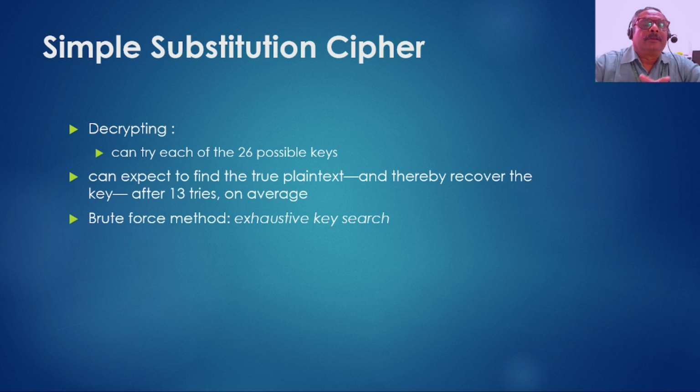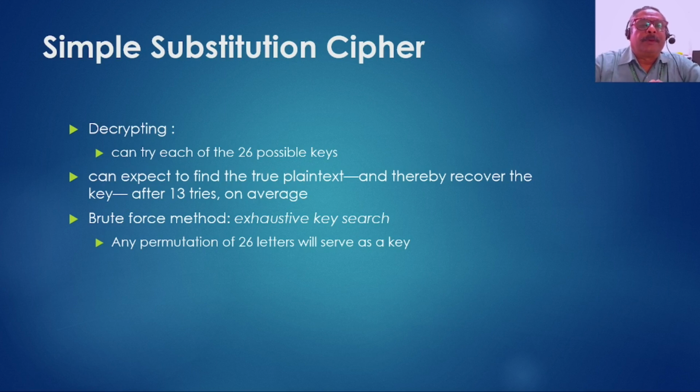So that's the brute force method. We can have an exhaustive key search, and because we are working with 26 characters in English, on average we can try with 13 trials by checking the different values of n. So any permutation of 26 letters will serve as a key.